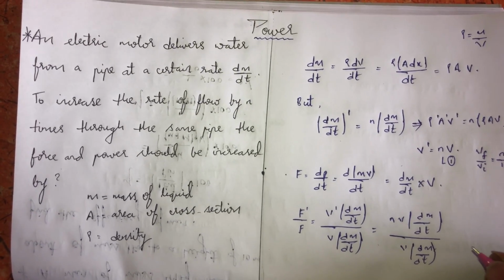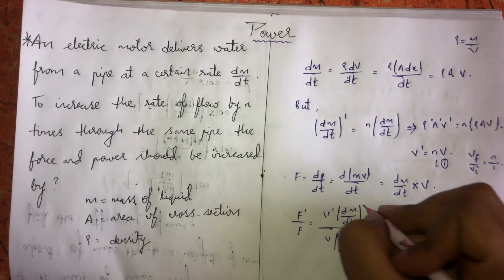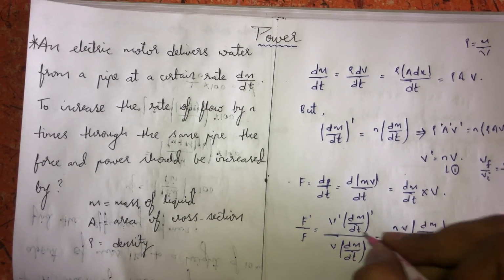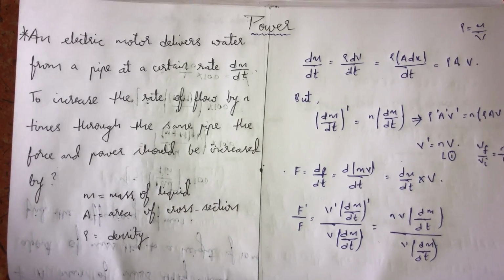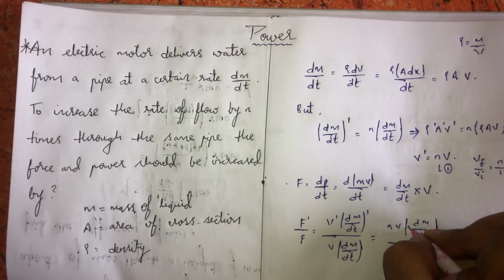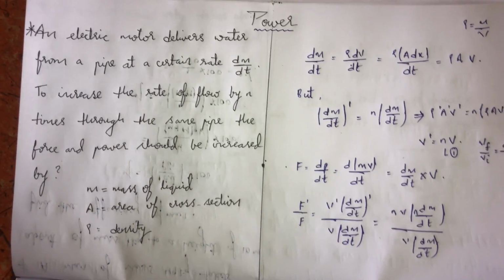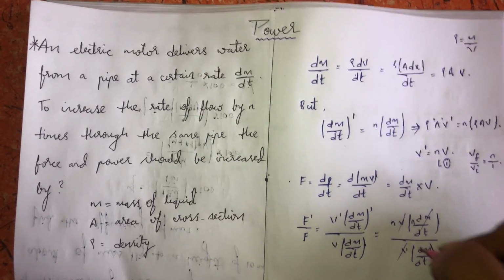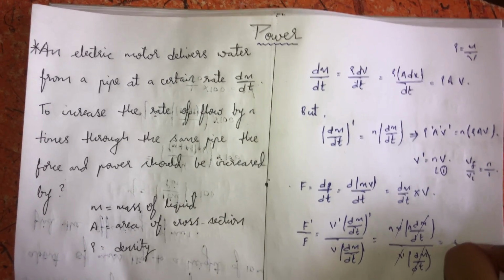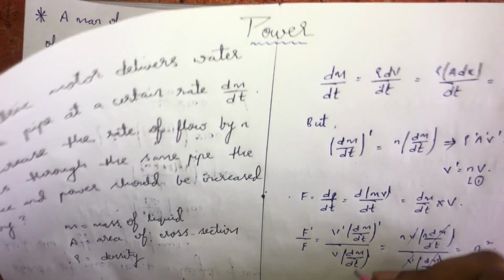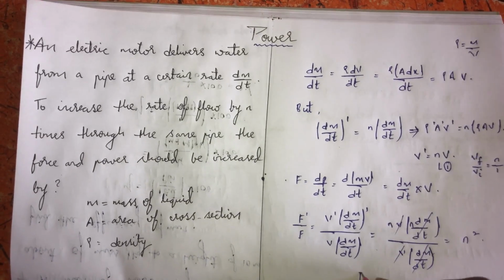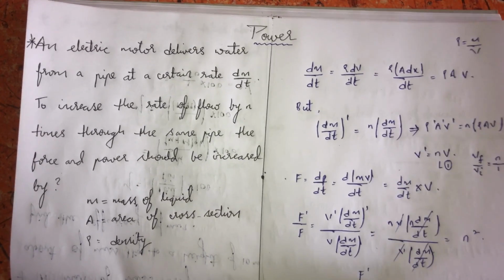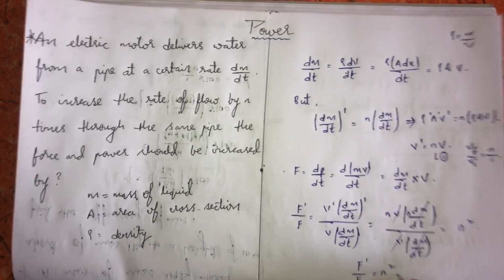Here dm by dt is also final, so dm by dt dash will be n times dm by dt. So velocity gets cancelled, dm by dt gets cancelled, and finally we are left with n square. So F final by F initial, that is F dash by F, will be equal to n square.